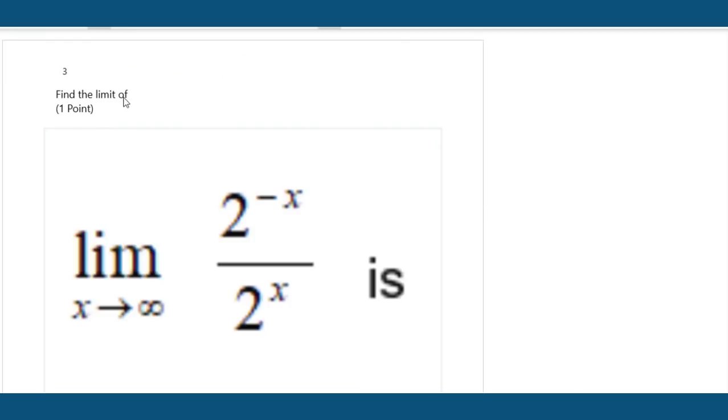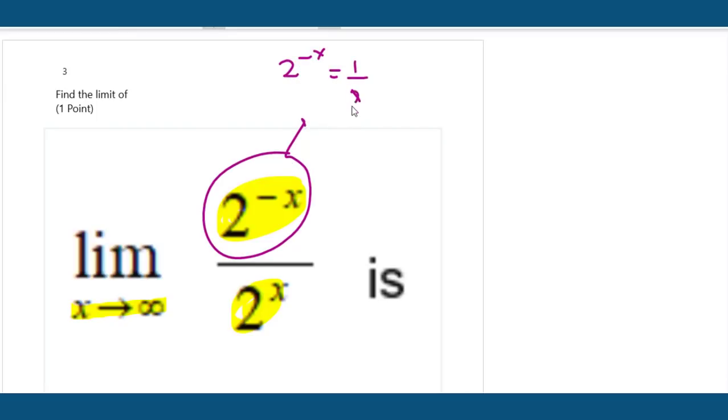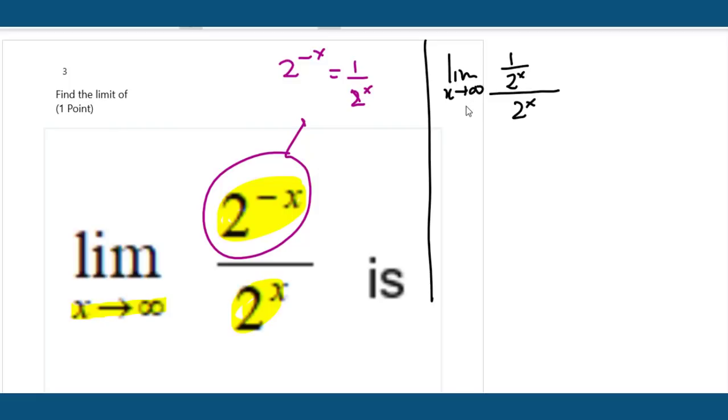Number 3, find the limit as x tends to infinity. Given this one, power negative, power positive. So now check, this one is 2 to the power negative x, equal to 1 over 2 to the power x. Write the limit of 1 over 2 to the power x as x approaches infinity.